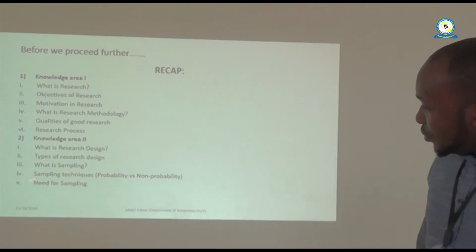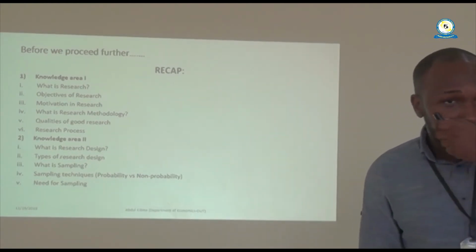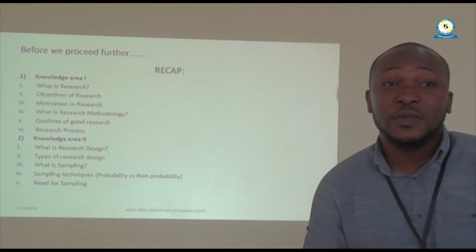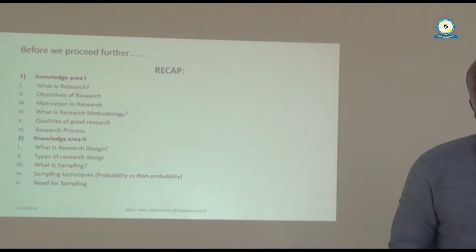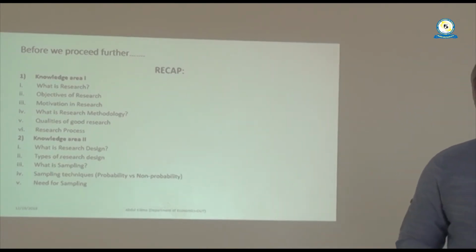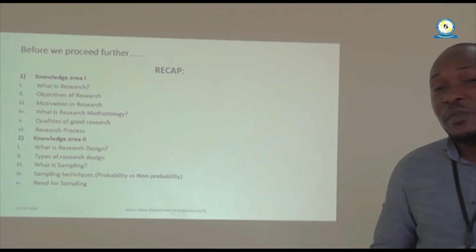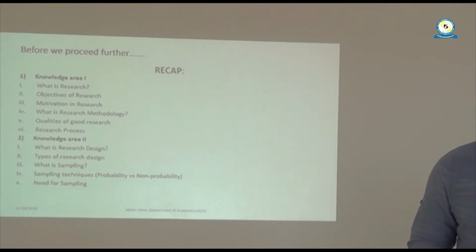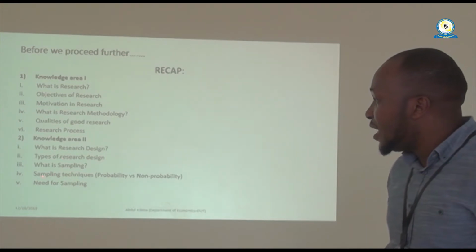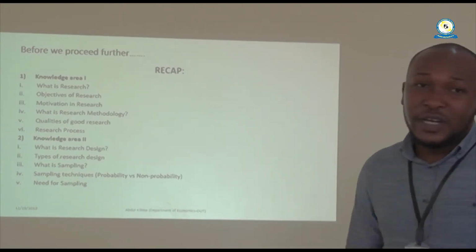Then we went on to sampling. We said that, yes, we want to do research on the factors influencing microcredit in Bagamoyo, let's say. Factors influencing farmers to access microcredit, the decision of farmers to take microcredit in Bagamoyo. You cannot go and ask each farmer in Bagamoyo.